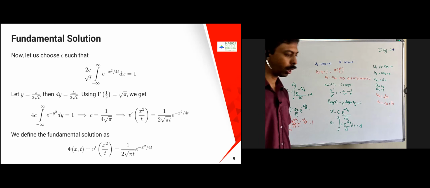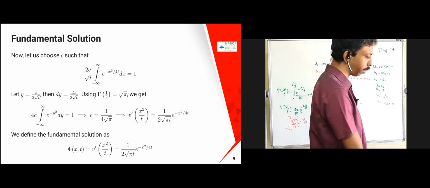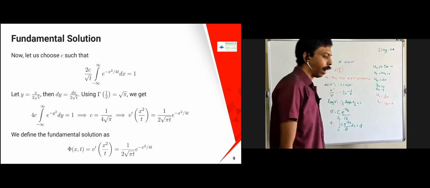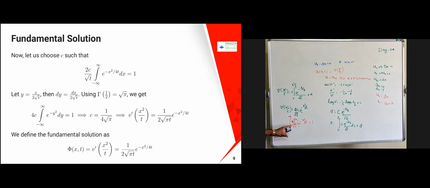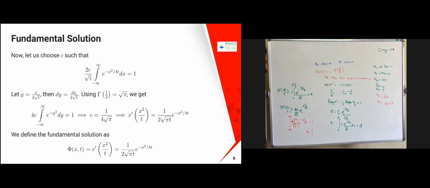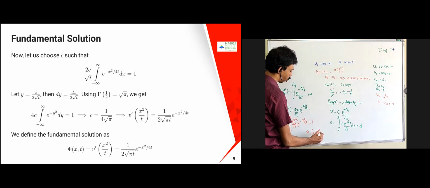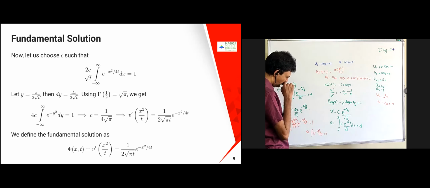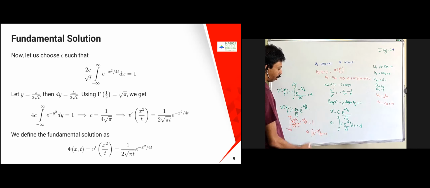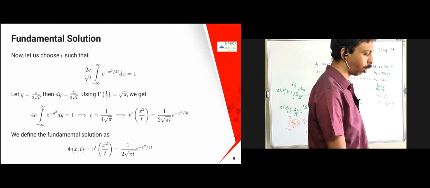Now if you substitute y equal to x by 2 root t, and dx will become like 2 root t dy, then if you substitute it over here, this is going to become 4c times the integral from minus infinity to infinity of e power minus y square dy. But this is nothing but gamma of 1 by 2, which equals square root of pi.